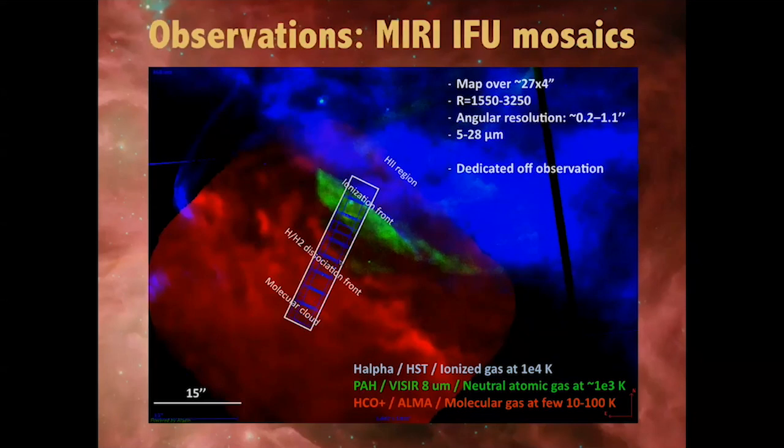We will also do roughly the same field of view with the MIRI IFU. So this has a spectral resolution between 1500 and 3200. And there we do the full wavelength range between 5 and 28 microns.